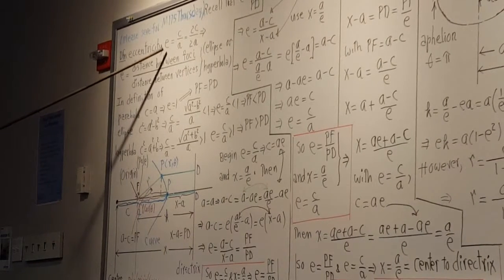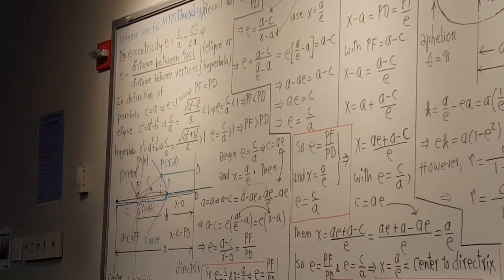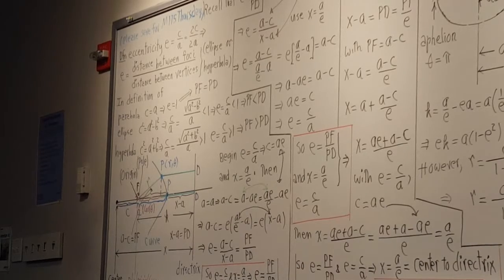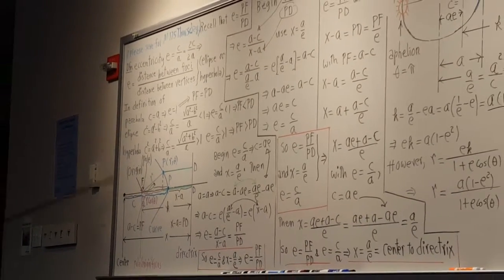So in section 11.6, which we were working with last week, that's the conic sections in Cartesian coordinates. If you remember, that's what we talked about last Friday.